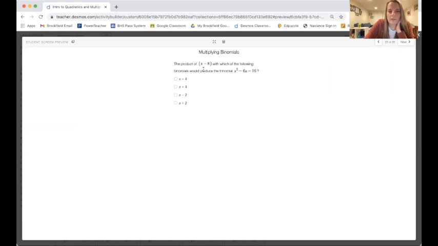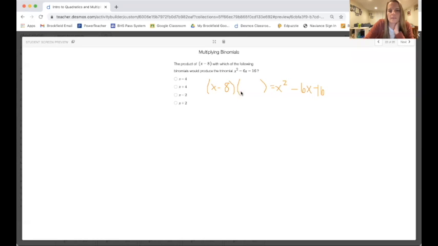Some more multiplying binomials. So it says the product of x minus 8, so x minus 8 times something got me x squared minus 6x minus 16. And really, what happens here is, think to yourself, x times what, right?